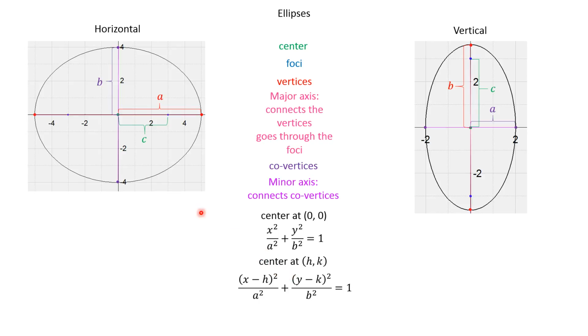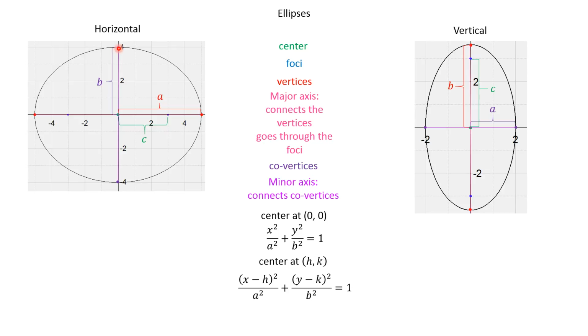So we use a and b. What about the c? How does the c come into it? Because it's not here. Well, c actually comes from the Pythagorean theorem. I mentioned that the distance from the focus to a point is a constant, 2 times a.